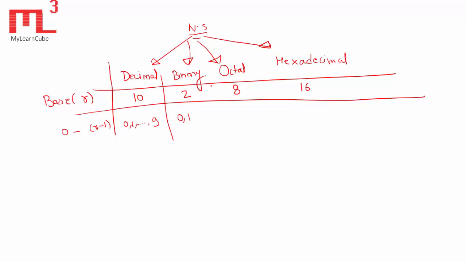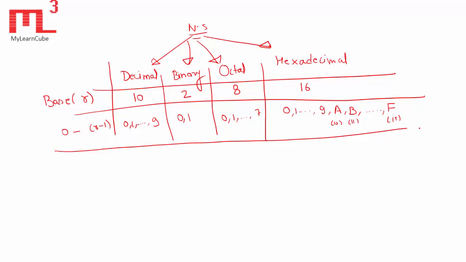For binary, 0 and 1. For octal, 0 to 7. For hexadecimal, 0 to 9, then 10 is represented by A, 11 by B, and up to 15 by F. So this is the basic matrix for your number system.